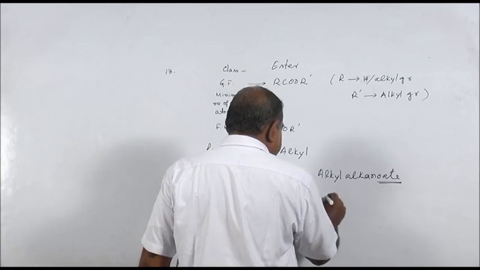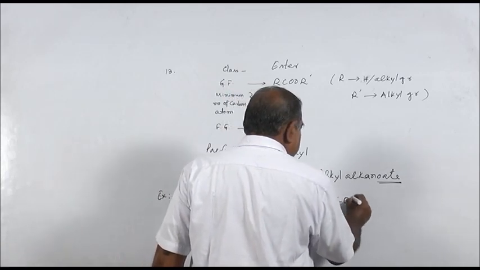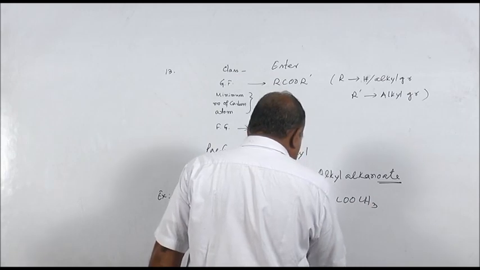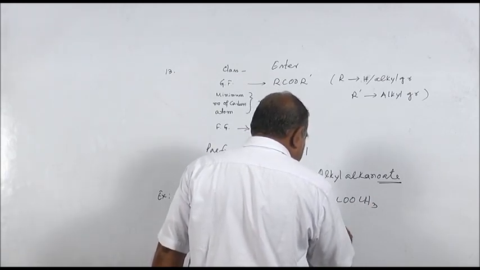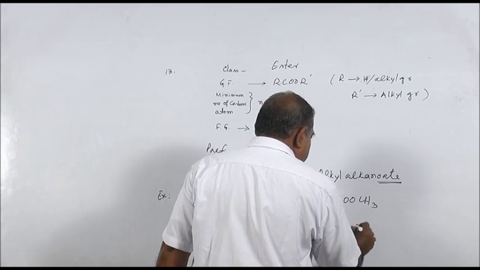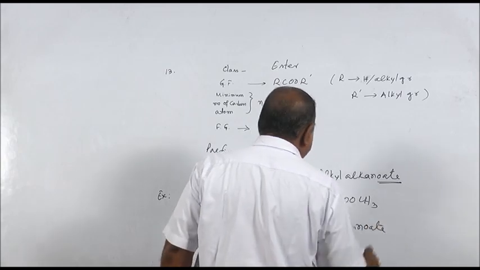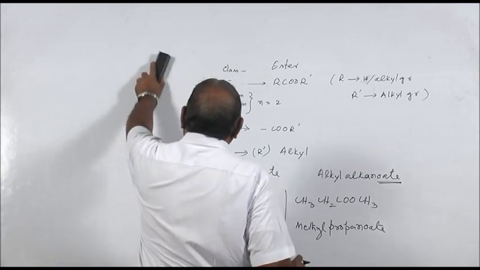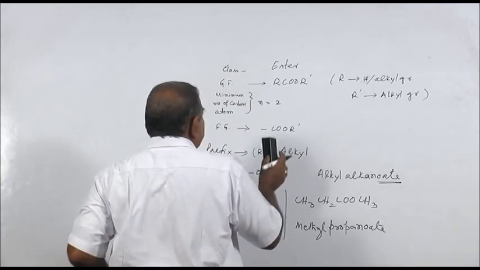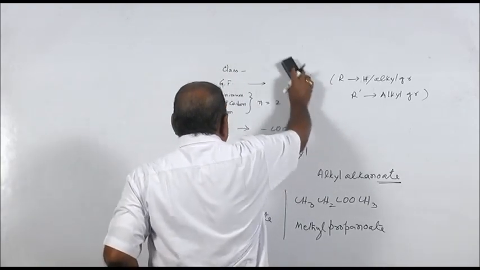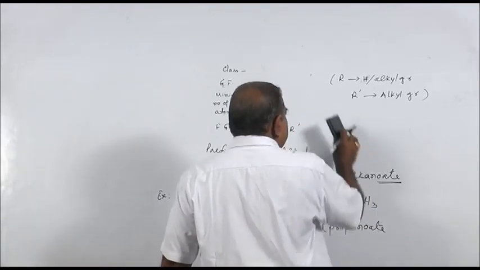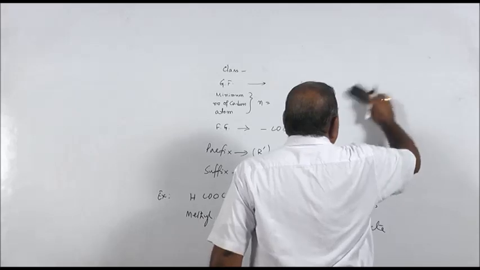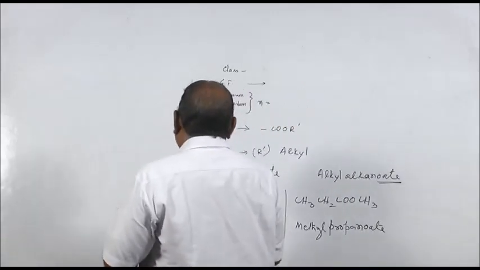Another example, let us say this is methyl, 3 carbon atoms, propanoate. So the alkyl group is named first. There is an alkyl, so it has a prefix, that is alkyl. Suffix: the E of alkane is replaced by OATE.